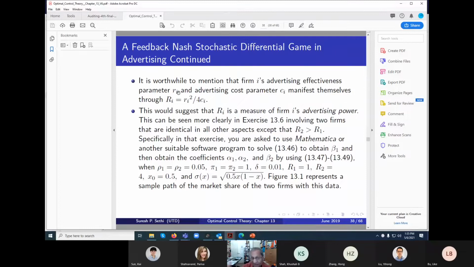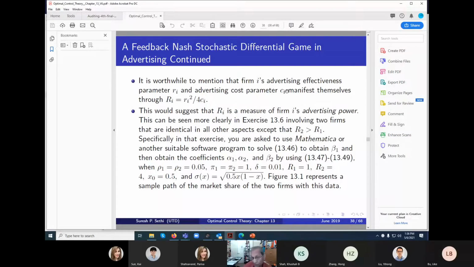But if it has better models trying to sell a car, chances are you have to pay them more. So it's possible that firm 1 is effective, but the cost of that advertising effort is not low. If R1 is high and C1 is low, then we know that firm is more efficient, both in effectiveness and in cost.